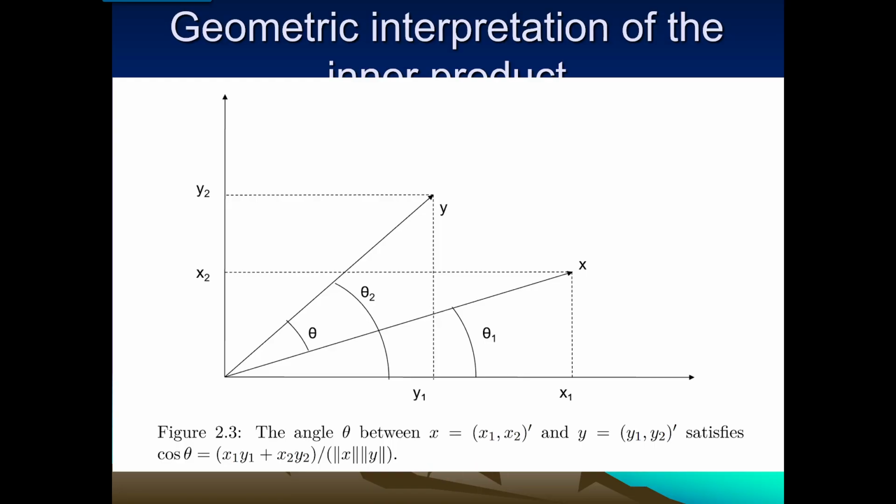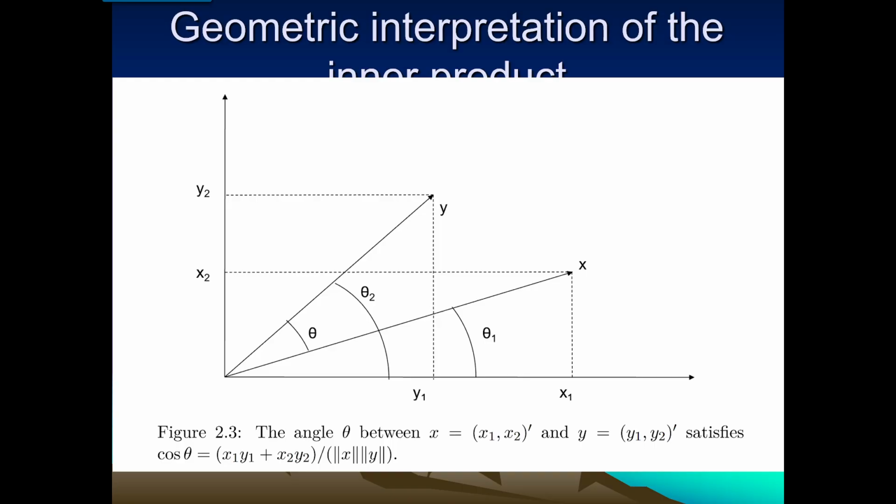That's the interpretation. Therefore, if you work with vectors that have norms equal to 1, the cosine of the angle is just the inner product.